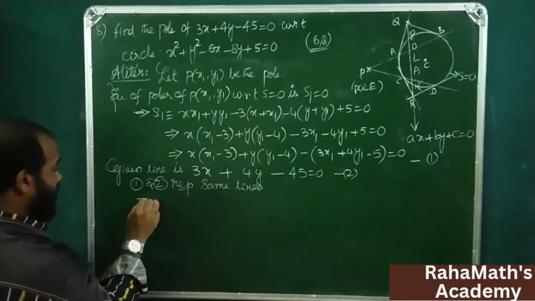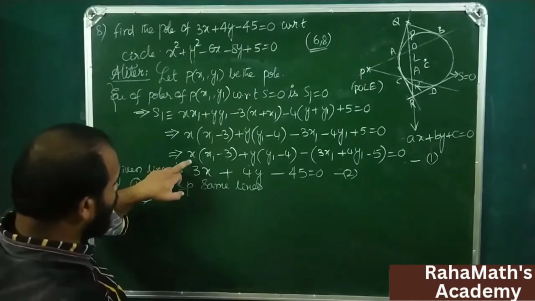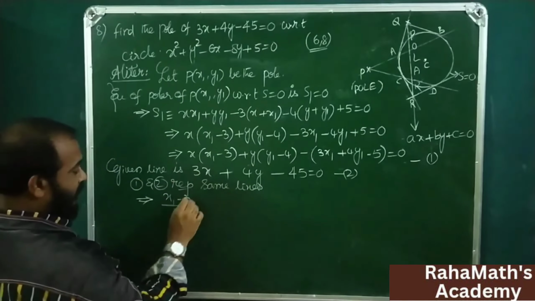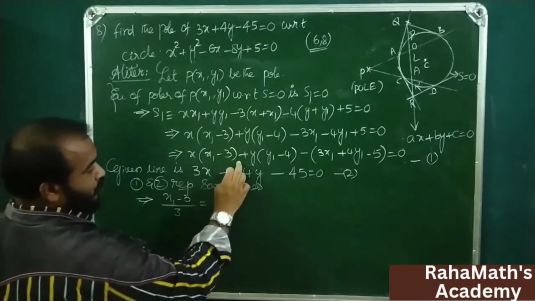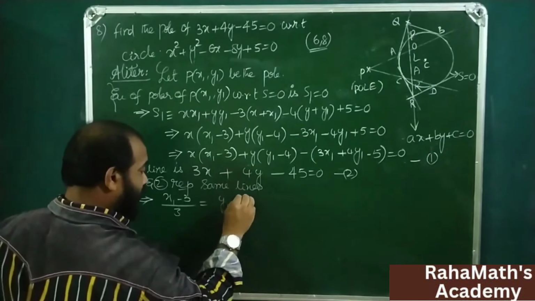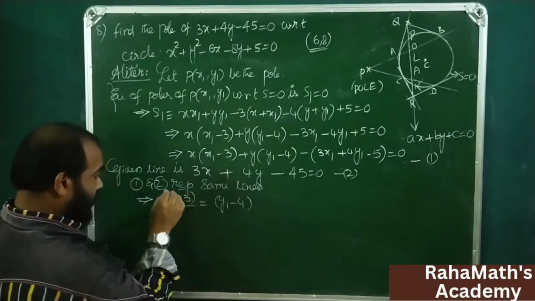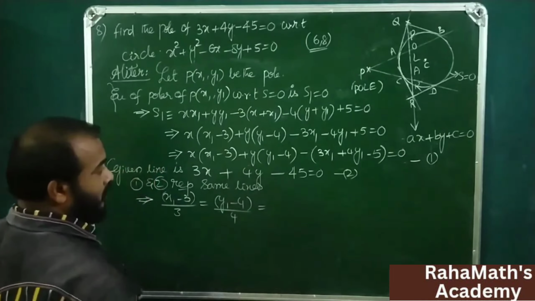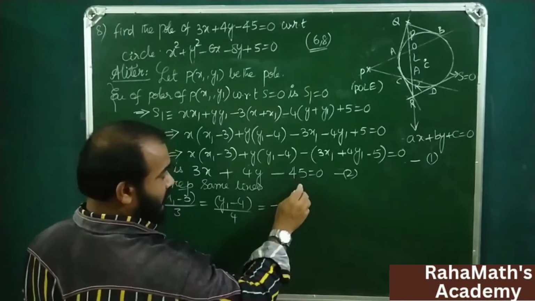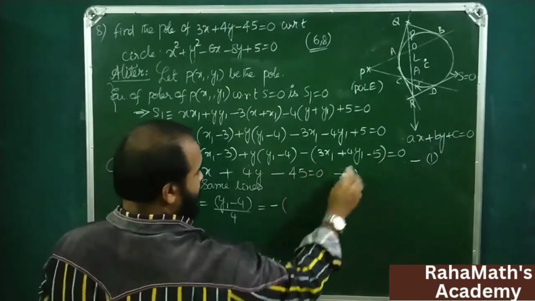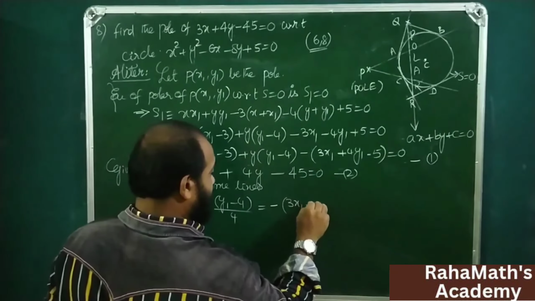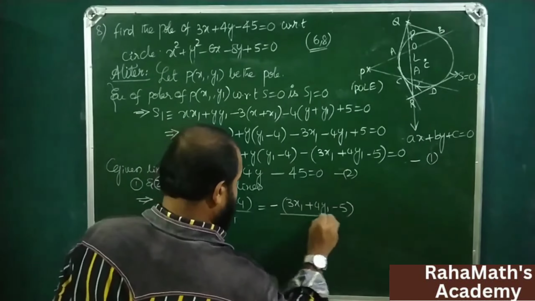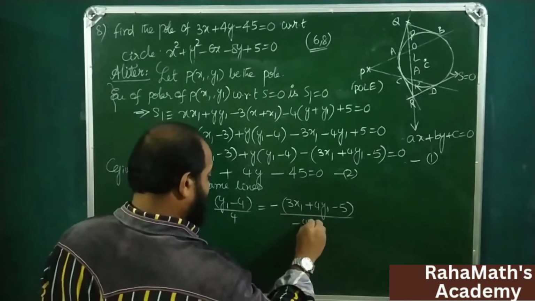That implies the coefficient of x, (x1 minus 3) by 3, and the coefficient of y, (y1 minus 4) by 4, equals minus of the constant, (3x1 plus 4y1 minus 5) by minus 45.